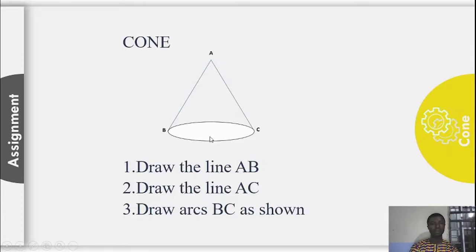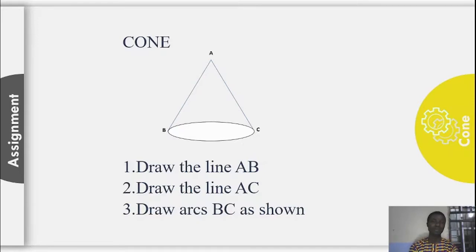Now, you start from B, you draw an arc, BC, in this form, like this, from B to C. You draw another arc, come back, start from this point, go this way, still to C. Good.